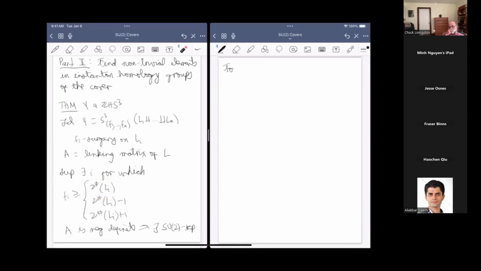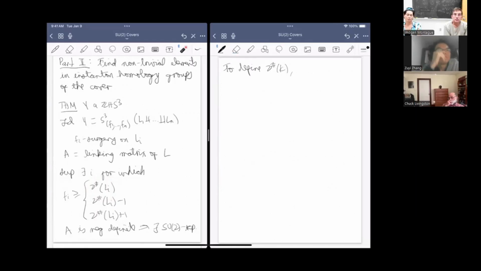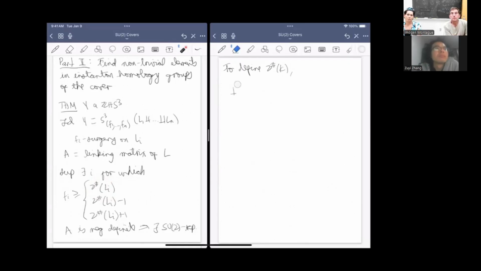To define nu sharp for knots, we have to look at the trace, the n-trace cobordism, which is the one that we get by attaching a 2-handle to the cylinder on S3 in such a way that the core of the 2-handle is attached to K with framing n.